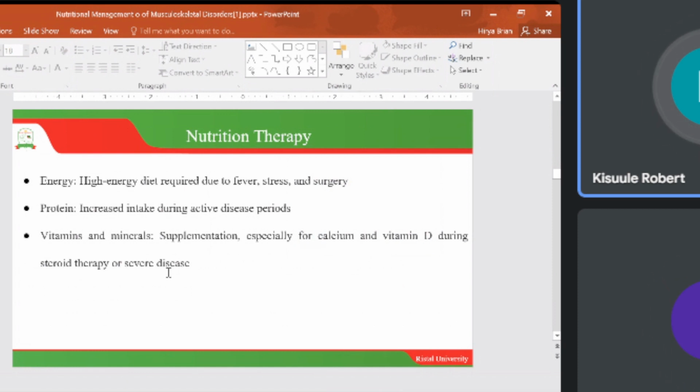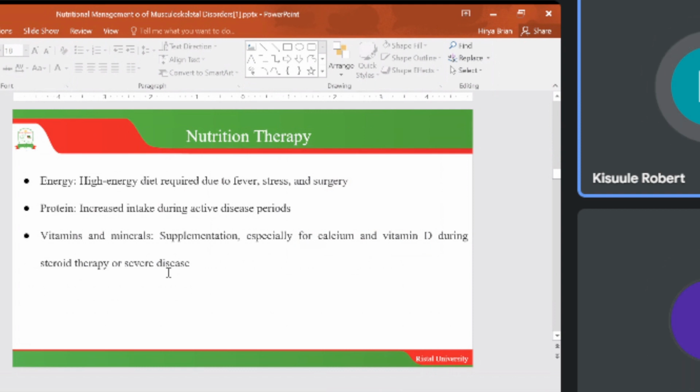So when we talk of nutrition therapy under rheumatoid arthritis, we are trying to see what nutrition does when it comes to rheumatoid arthritis. Here we are looking at energy as being a key nutrient.